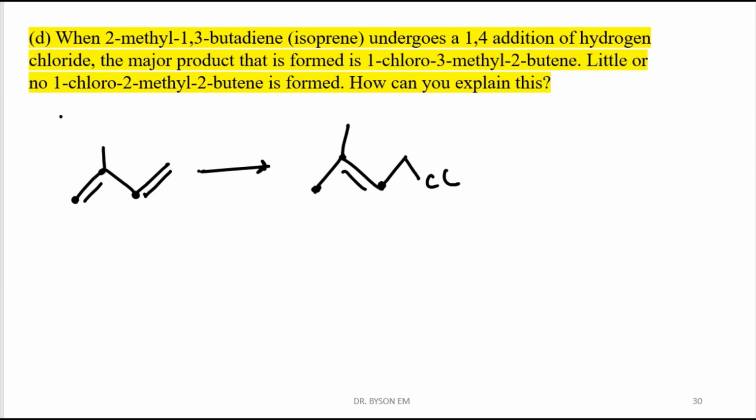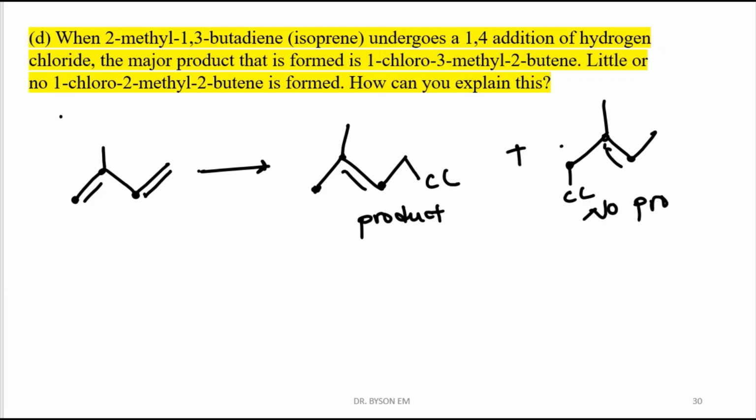This is the product that is formed. But not this one, 1-chloro-2-methyl-2-butene. This is not formed. So now they're saying, how can you explain this?